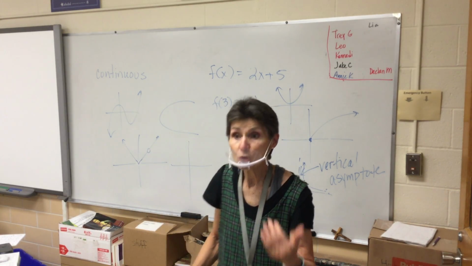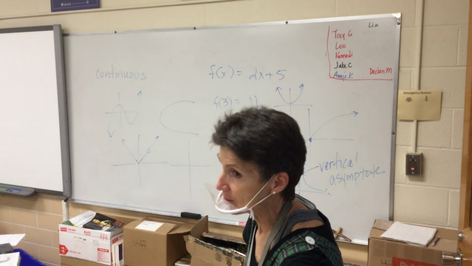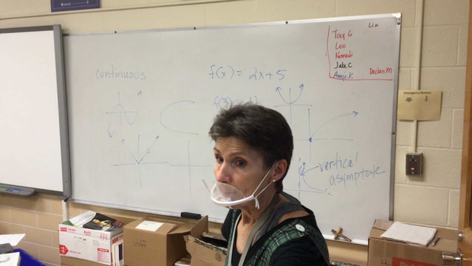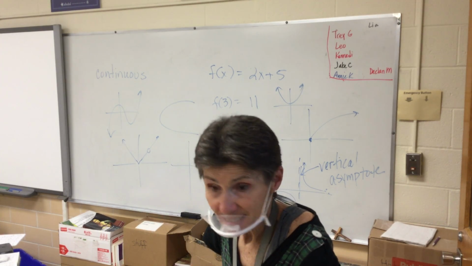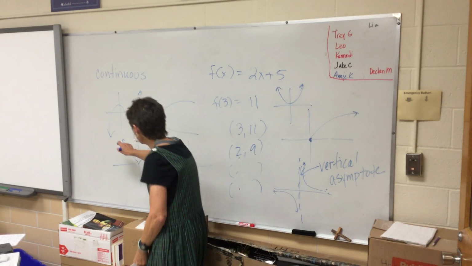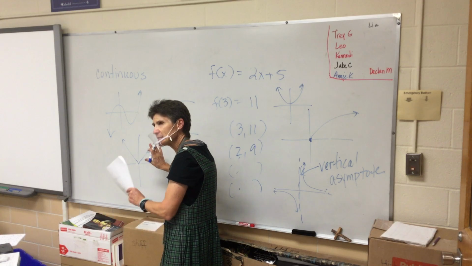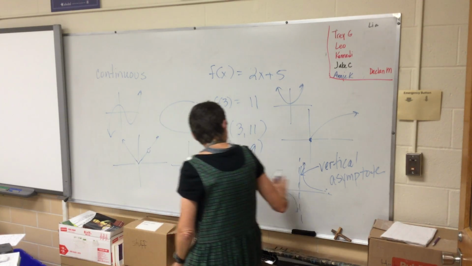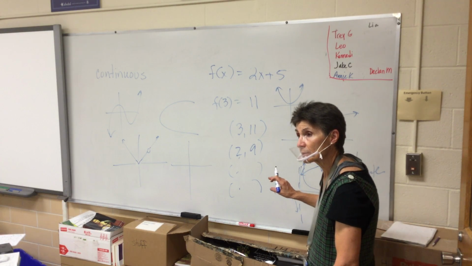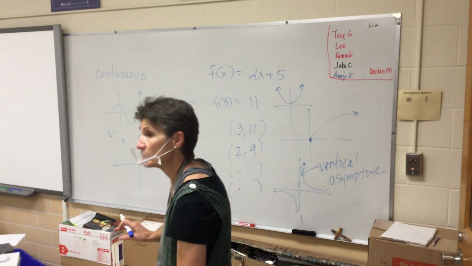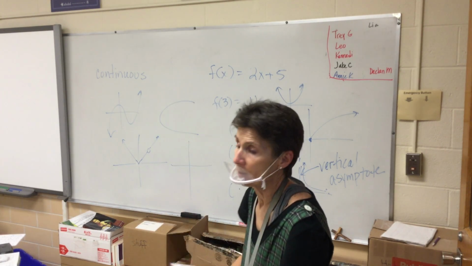But that's called a removable discontinuity, and you're going to understand that as we get farther into the chapter. It's discontinuous because when you draw it, you have to skip over that point. But it's not as serious as this. Jacob? So with a removable discontinuity, you don't have to start at that dot, you just have to jump over. Yes, right. That dot can be anywhere on the curve.